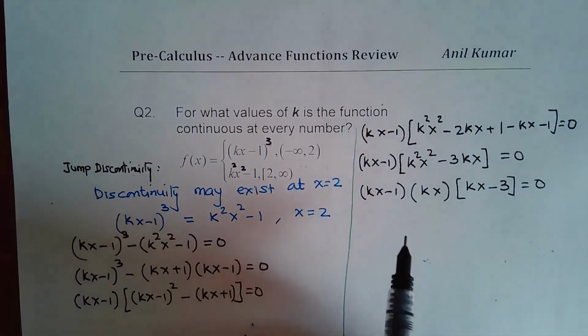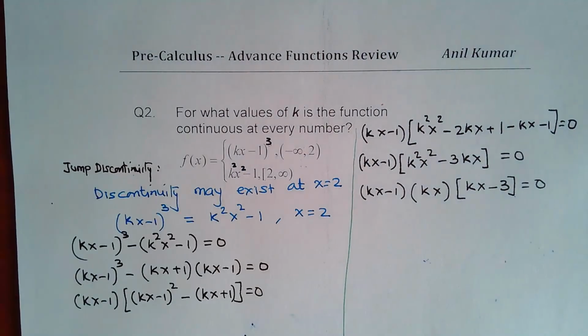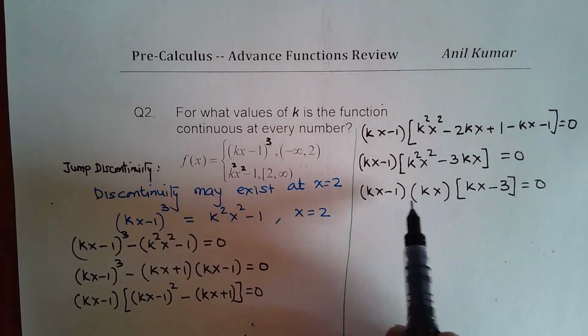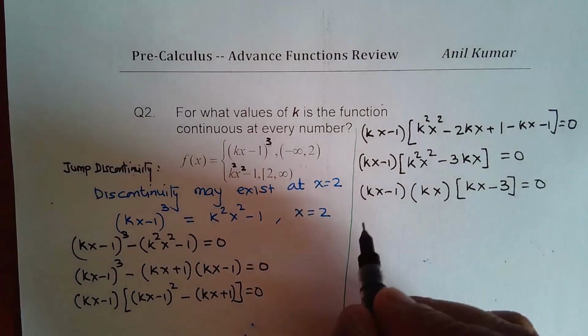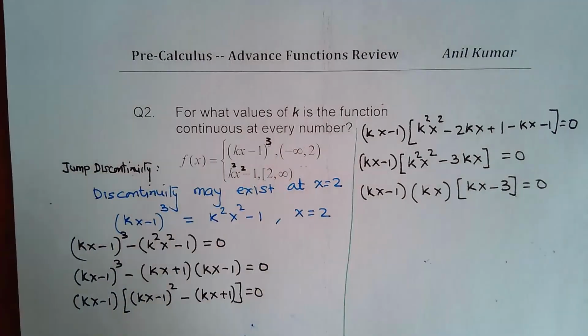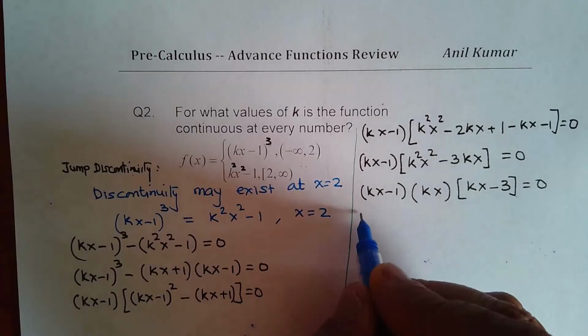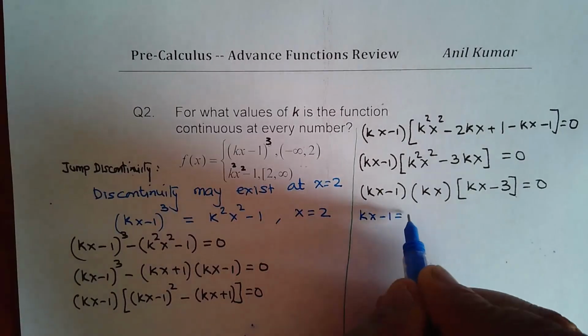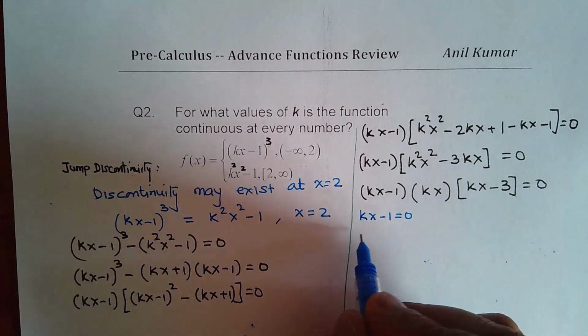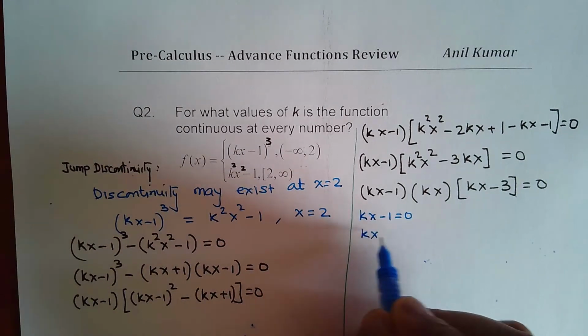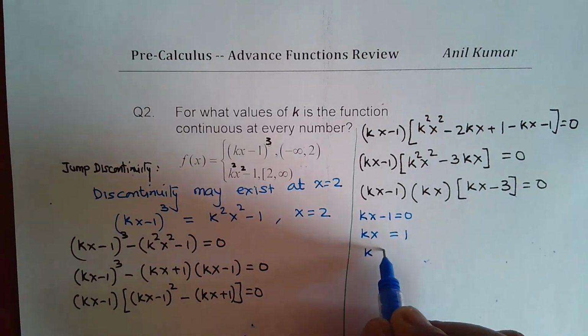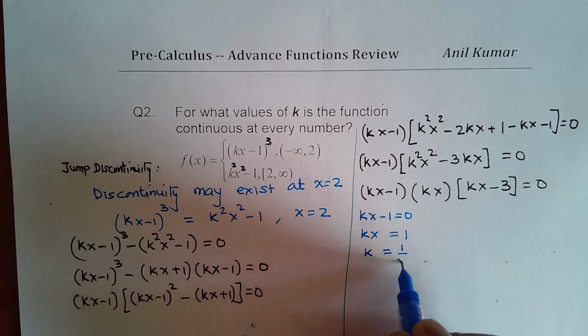So we have three factors, and so we get three different values of k, equating each to 0. So the first solution will be if we equate kx minus 1 to 0. That gives us kx equals to 1, or k equals to 1 over x.